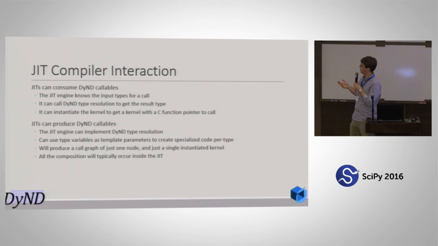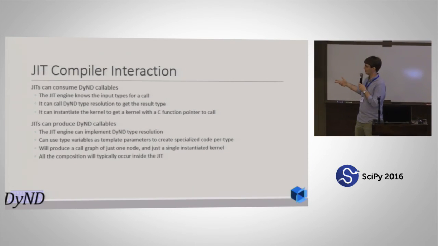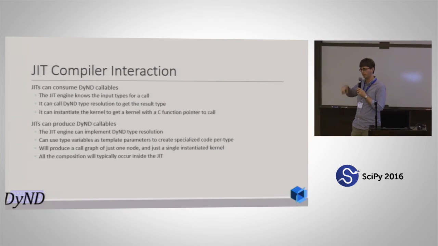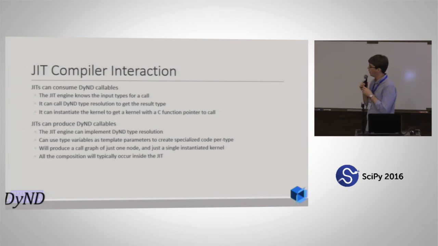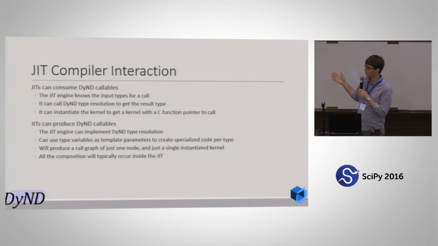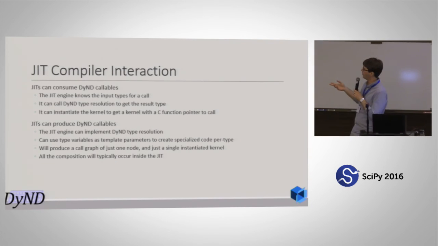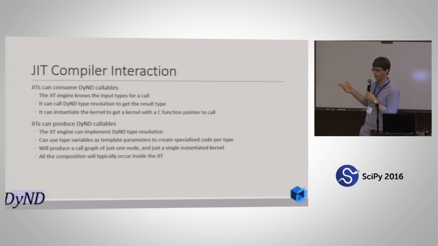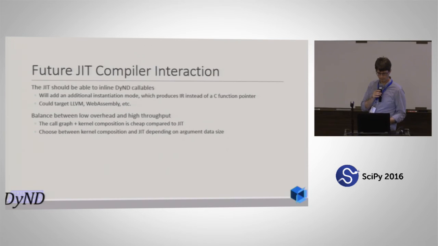So it can take its input types, translate those to DyND types, call the type resolution, get the result type, and then hook that in with the C function call in there. And vice versa. It's all defined in a way that the JIT can produce the type resolution and everything based on how its internal logic is.